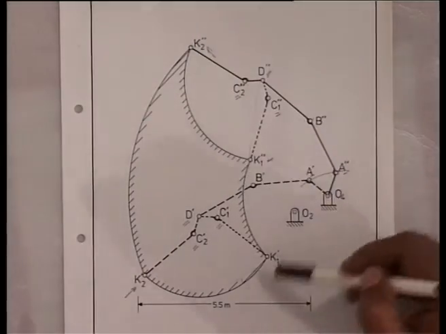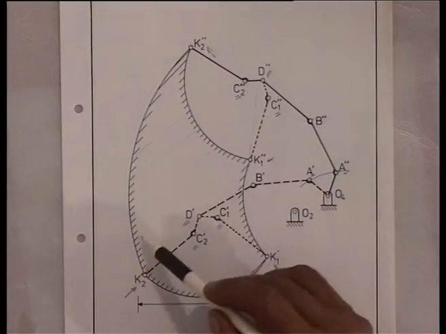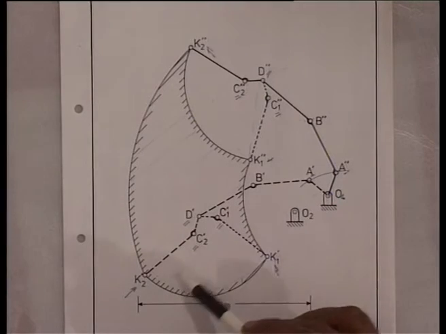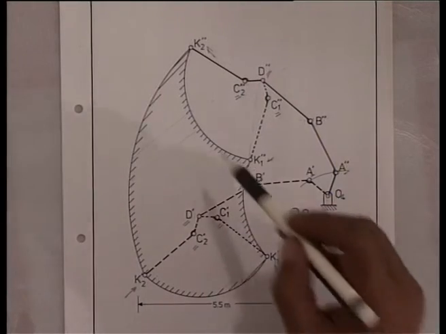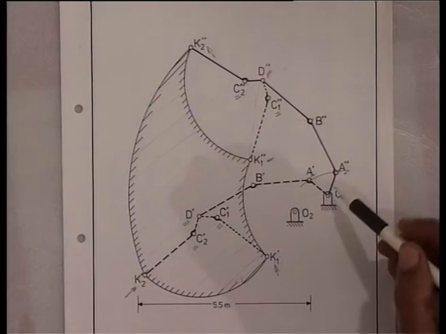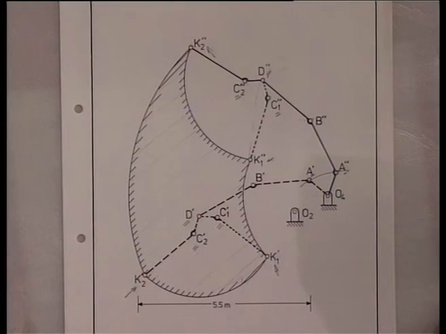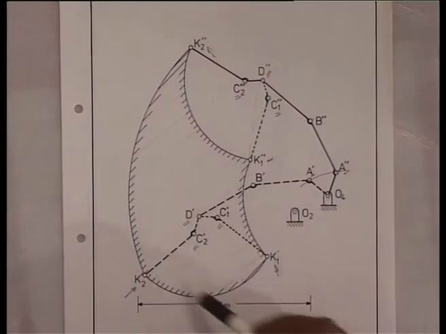So, these four circular arcs determine the region in which the hinge K can lie when the maximum and minimum distance between O2 and A and B and C are utilized by the hydraulic actuators. So, in the full range of operation, the hinge K lies within this region. With this hint, you should be able to complete the problem.